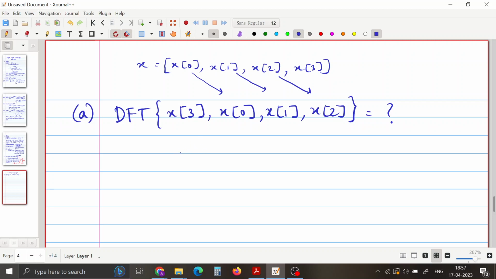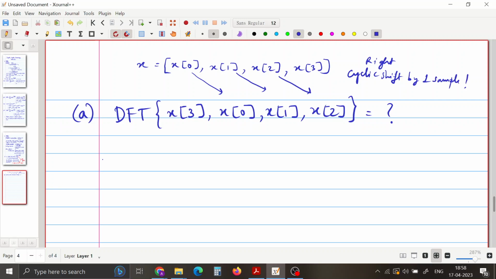That's why I am using the more convenient term, which is cyclic shift, by one sample.